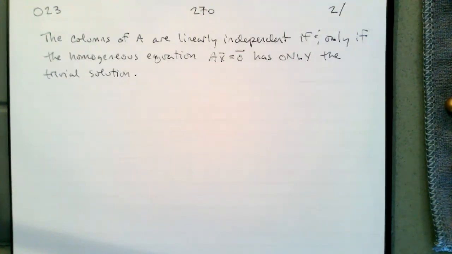What we're saying is that the only solution to AX equals 0 is the 0 vector.